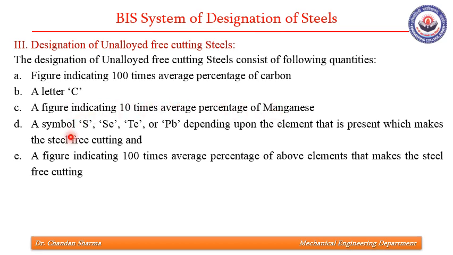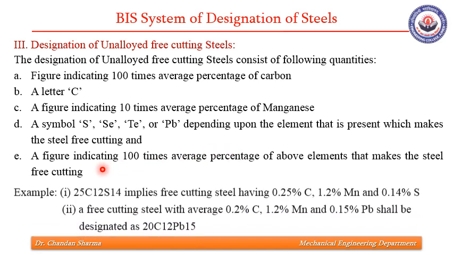Further, it will be followed by a symbol S, Se, Te or Pb. These are the alloying elements that are present and make the steel free cutting: sulfur, selenium, tellurium or plumbum, lead. So a figure indicating 100 times the average percentage of the above element that makes the steel free cutting.